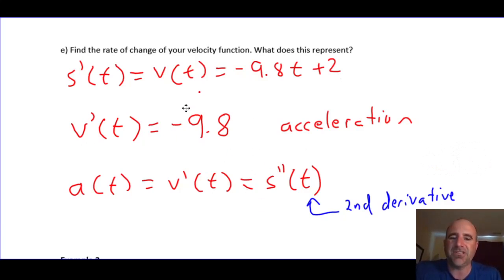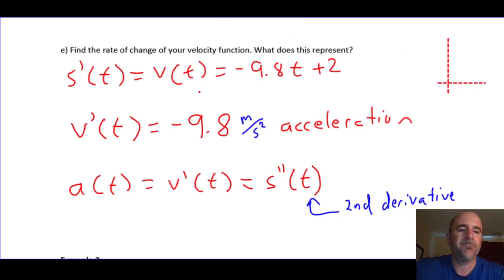Now, how about the units on acceleration? I told you the units are meters per second squared. How do we get that? Well, remember our original graph had s and t, so we had meters and seconds. That's the original graph. Then we took the derivative to find the velocity graph.